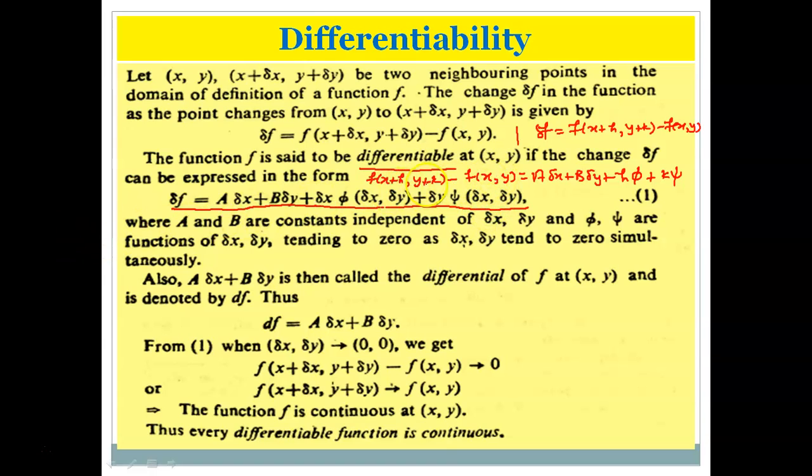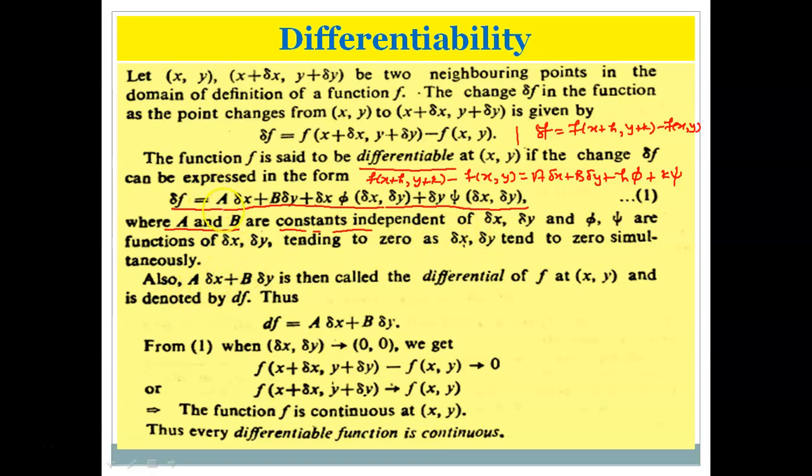So in this equation, a and b are constants independent of delta x and delta y, and phi and psi are functions of delta x and delta y tending to 0 as delta x and delta y tend to 0 simultaneously.